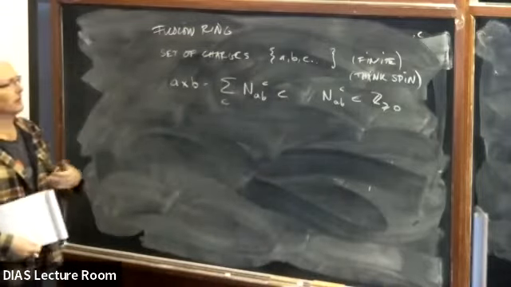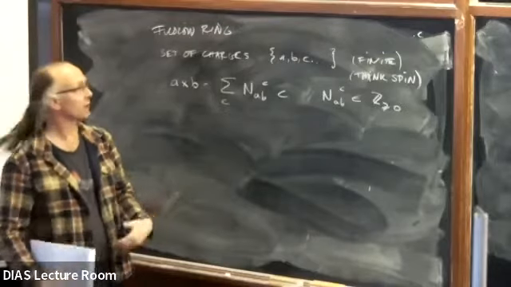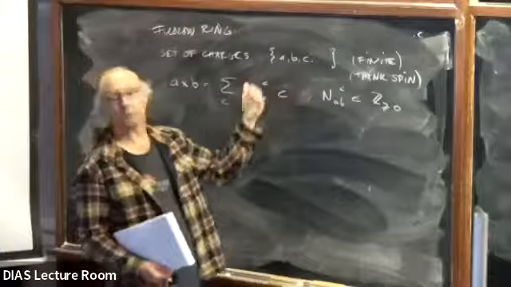If N is 0, that means A and B cannot combine to C. Many of the other N's are probably 1, which means there is a unique way to combine A and B to C. So for example, two spin 1/2 combine to spin 1 in a unique way.